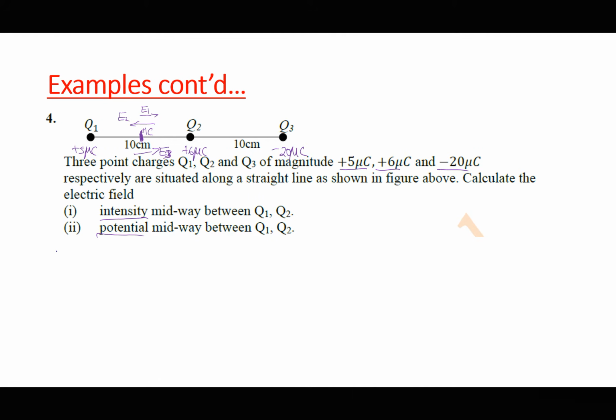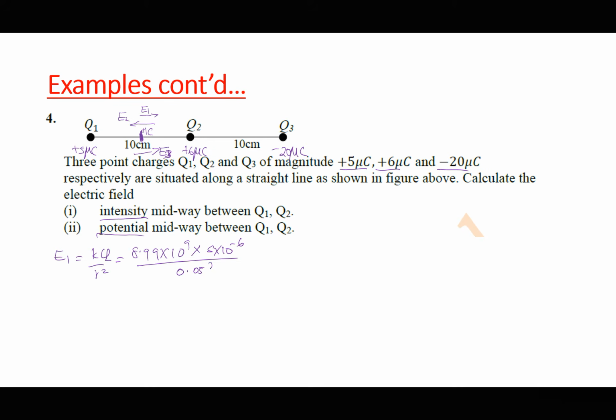To be very clear, I will first of all find E1, because remember E is KQ over R squared. So E1 will be 8.99 times 10 power 9, times the charge, which is 5 times 10 power -6, divided by 0.05 squared because it is midway, so we divide 10 by 2.